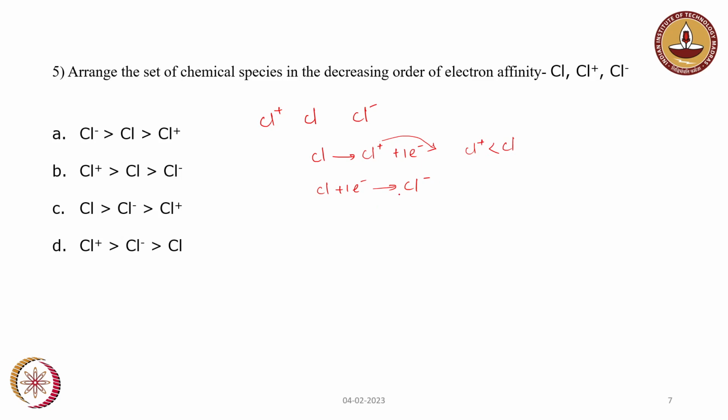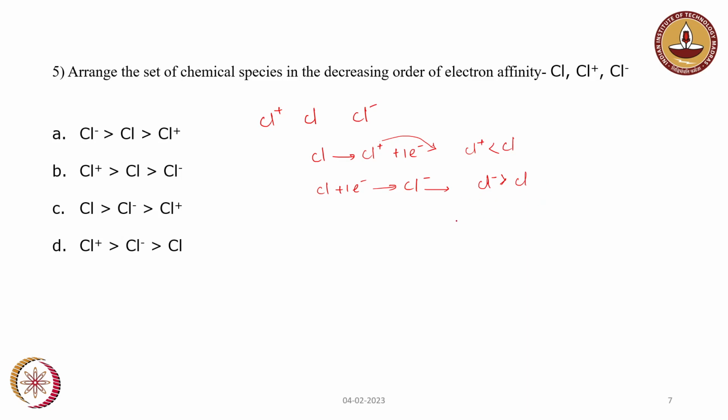And in Cl minus, since we are adding one more electron to Cl, the size of the species becomes large, because the effective nuclear charge will be reduced. So the size is largest for Cl minus compared to Cl.